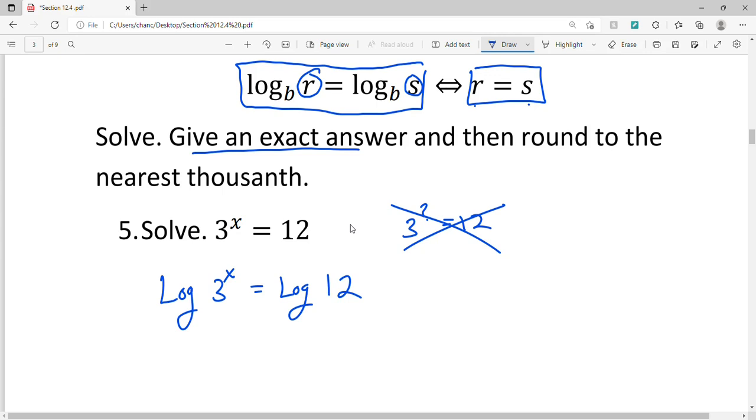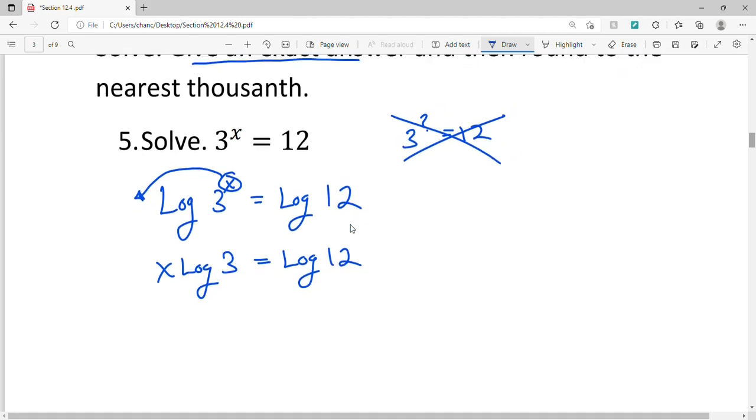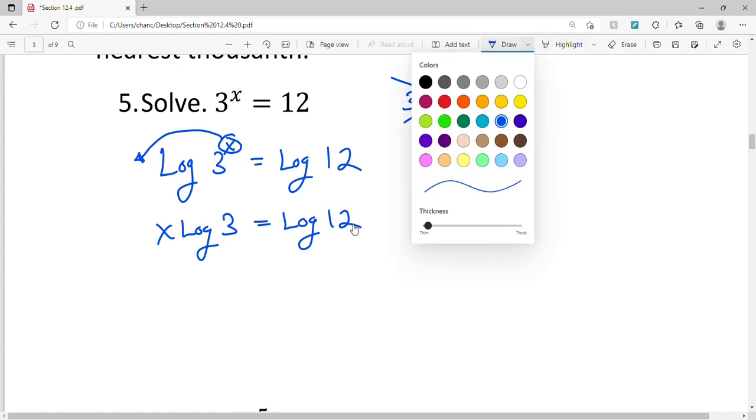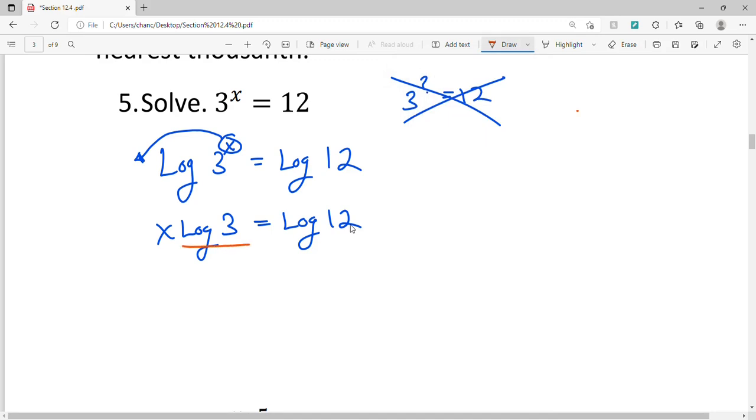According to our exponent rule, I can bring the power to the front. This is x log of 3 equals log of 12. I can now solve for x by dividing both sides by log 3.